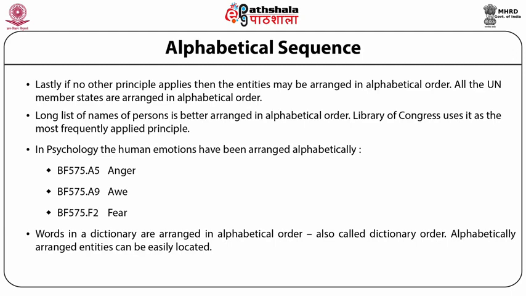Again, in the case of currency notes, you'll see that all the names of Indian languages showing the denomination of the currency are given in alphabetical order, starting from Assamese to Urdu. Ranganathan advises to use this as the least preferred method by the librarians, as this order is not logical.